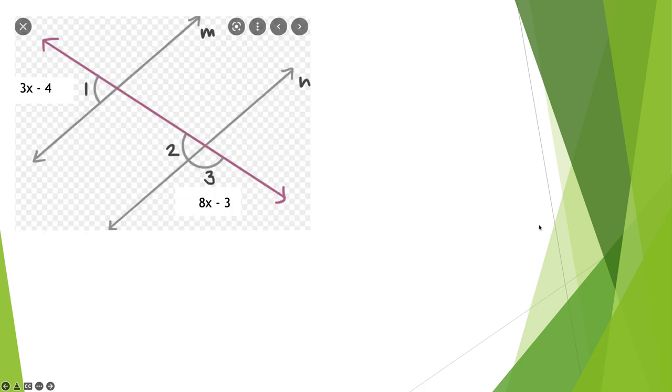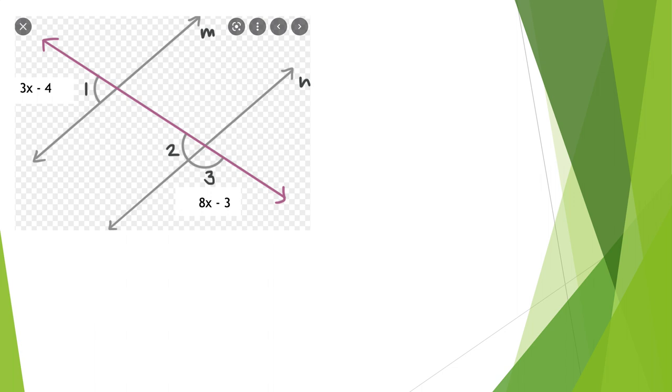Here we go. Find the value of x in this diagram. Go ahead. Now, there is no way to categorize angles 1 and 3 because they're not alternate interior.